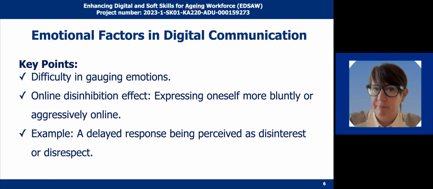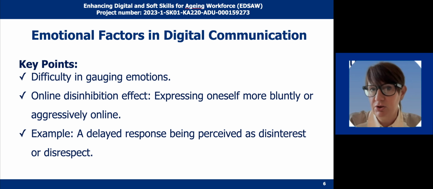Emotional factors play a significant role in digital communication conflicts. The lack of face-to-face interaction can make it difficult to gauge emotions, leading to misinterpretations. For example, a delayed response to an email or message might be perceived as disinterest or disrespect, even if the delay was due to a busy schedule or technical issues.